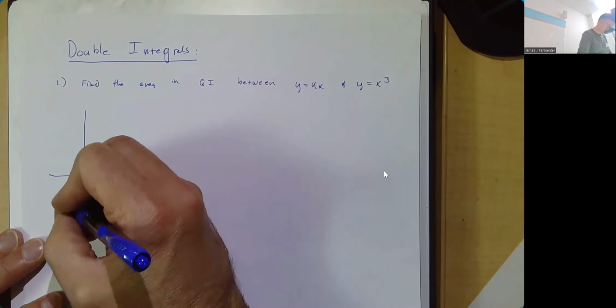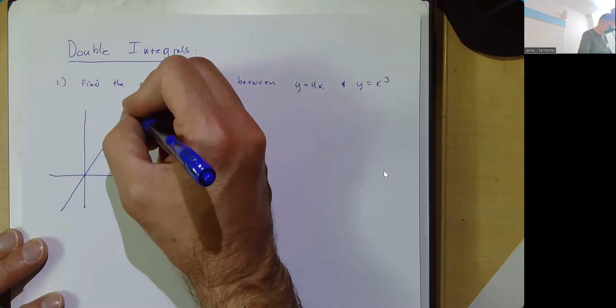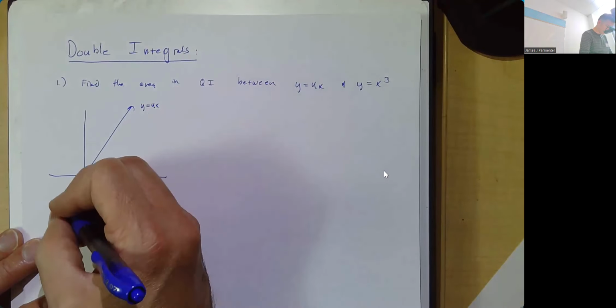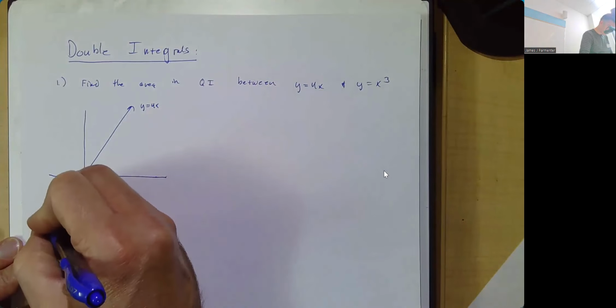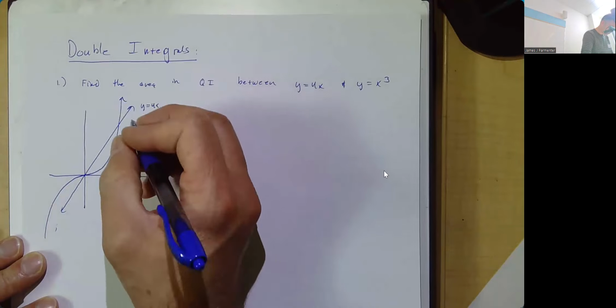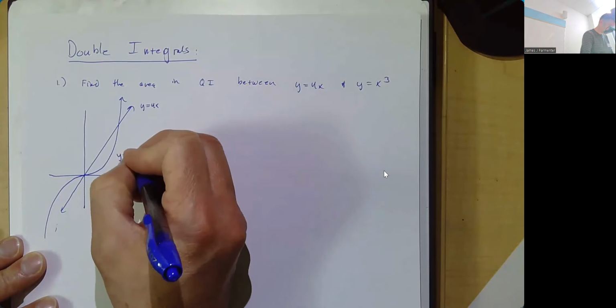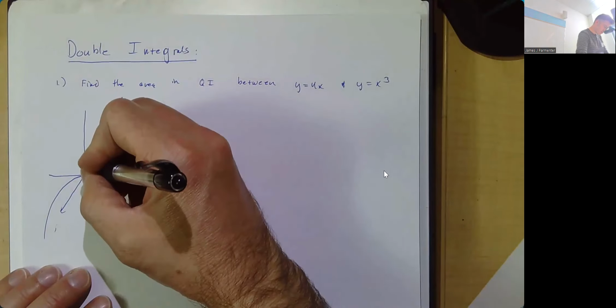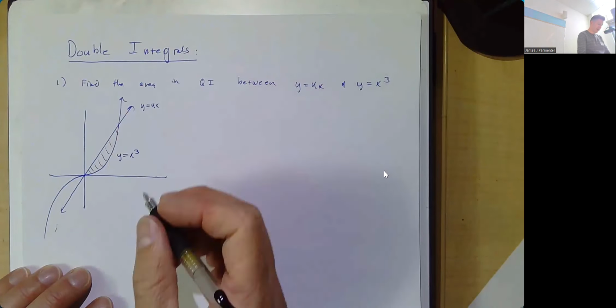y equals 4x looks something like this. It's a straight line. y equals x cubed looks something like this. If I was going to find the area between these two curves, I would find where they intersected.